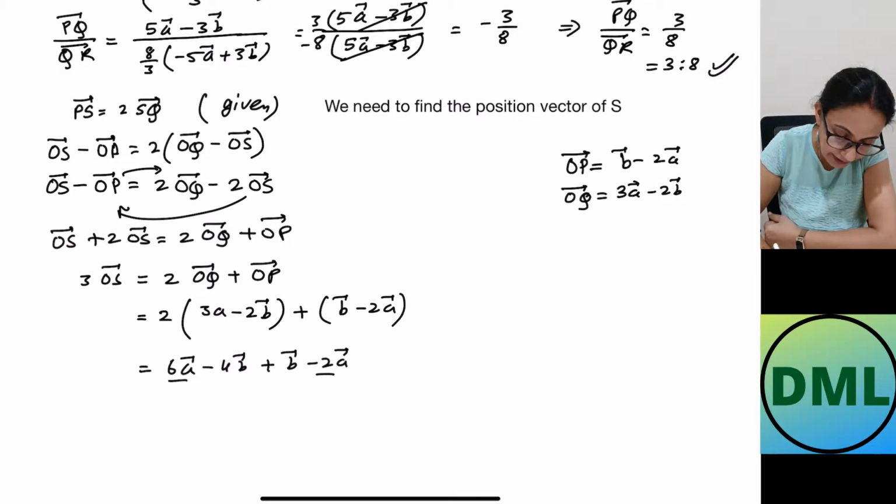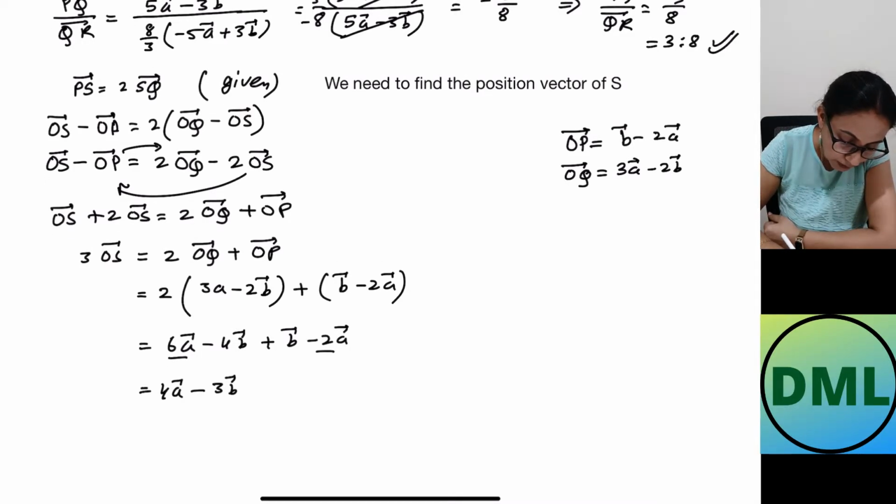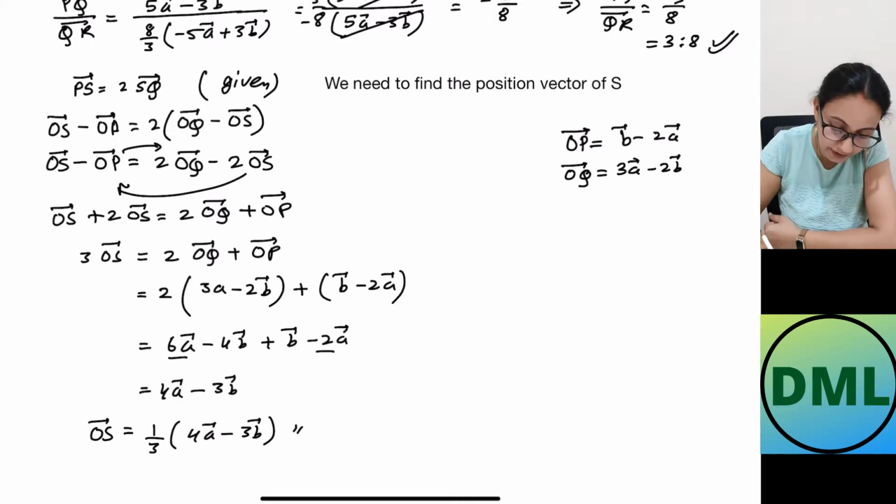Now let's combine A. 6A minus 2A is 4A, minus 4B plus B will give you minus 3B. So the OS vector will be written as 1 over 3 of 4A minus 3B vector. That will be your answer.